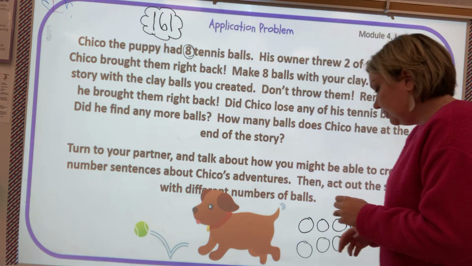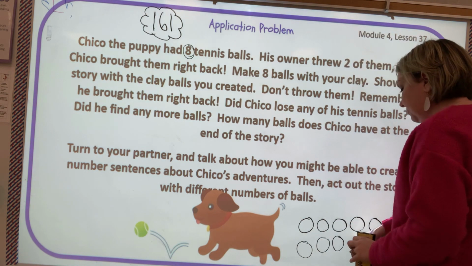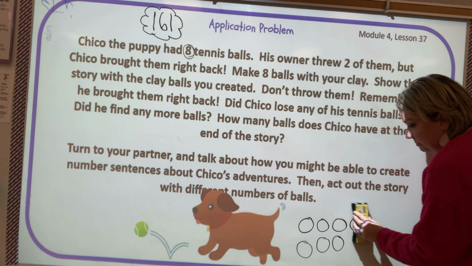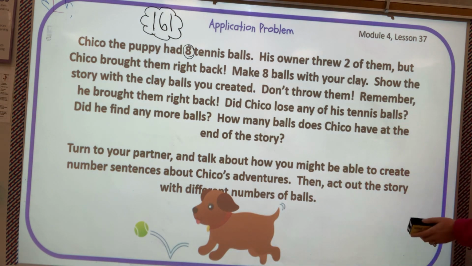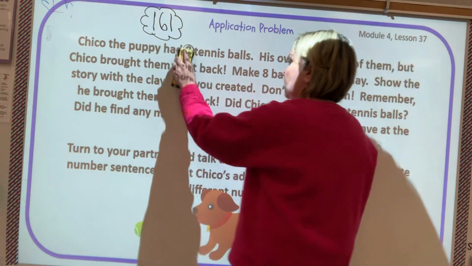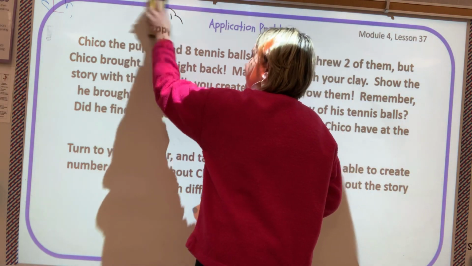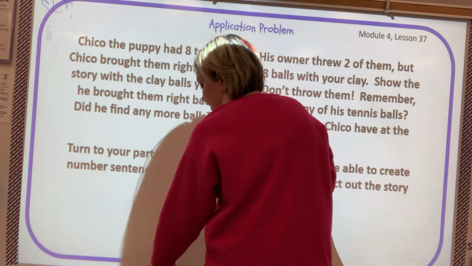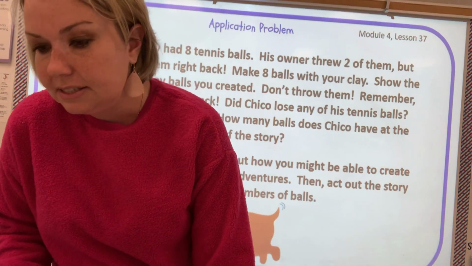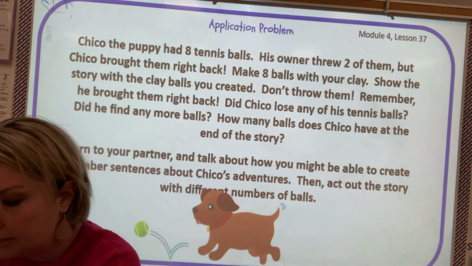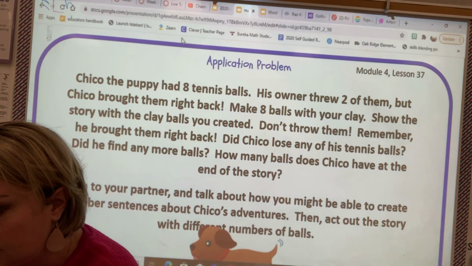Okay, let's go ahead. Hopefully you did your 8 balls. Raise your hand. Move your materials to the side. And I think you're just going to need a number path. Miss Hawkins is doing our lesson today with us, so let's take a look and see what she says.